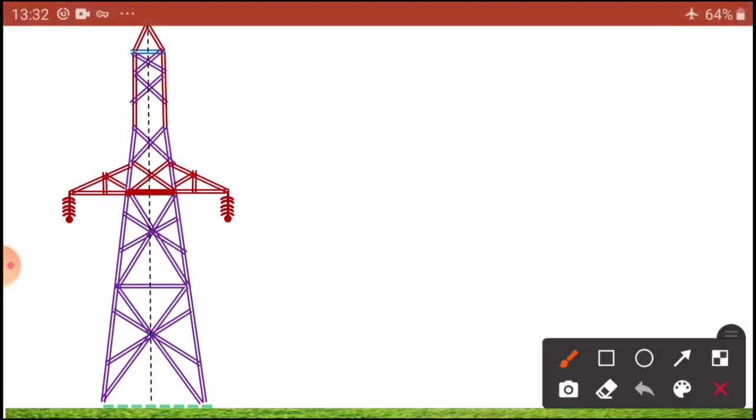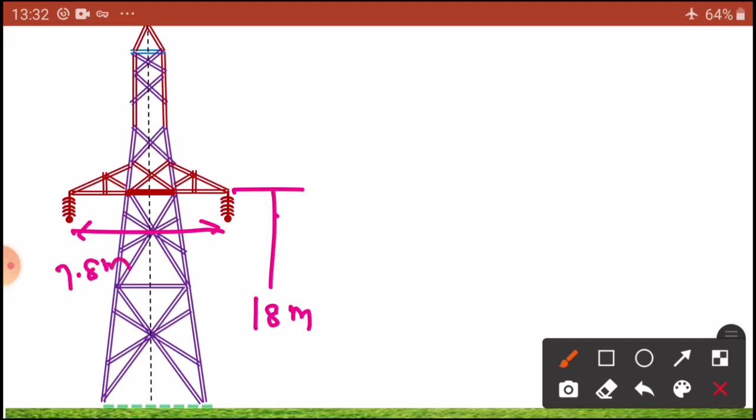Now I am going to place the cross arms, R phase, Y phase, B phase, double section. I placed the R phase. Now at a distance, what is the distance here? This distance is equal to 18 meters and this length is equal to nearly 7.8 meters.